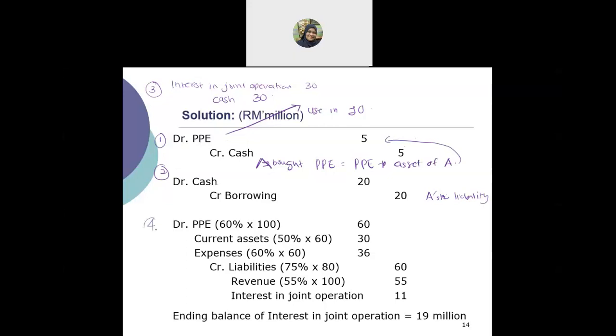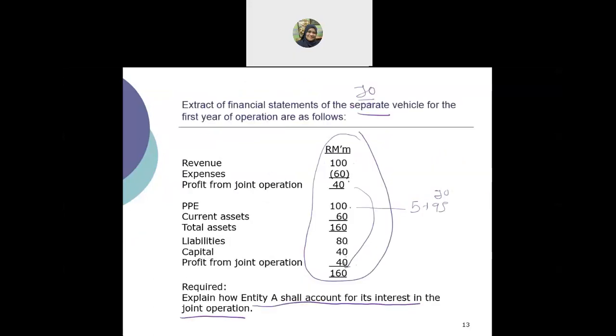Okay, the fourth journal entry is to record the share of outcome. So for share of outcome here, you need to refer to the statements of financial position produced by a separate vehicle. So all of these elements need to be multiplied based on the agreed ratio. The agreed ratio based on the PPE will be 60%, like the one that you have here.